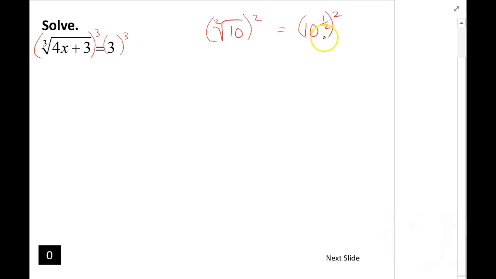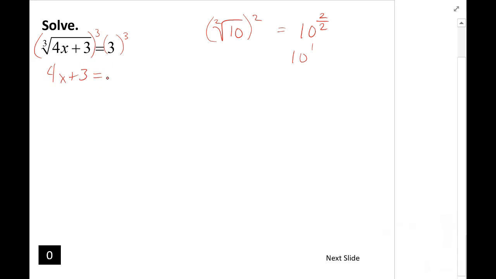Now remember, with the exponent on the outside, that is going to be our numerator, and then the index is our denominator. And then 2 over 2 is equal to 1. So we started with this, and we ended up with this. So that's why if you raise this to the power of 3, it makes this radical go away. Same idea. Okay, so now we just have 4x plus 3.